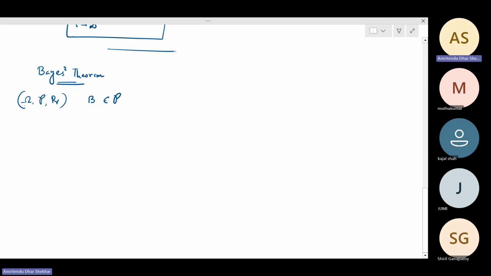I define a new collection of events, which I call P_B, with a subscript of B. This collection is A intersection B for A in F. So all the events that are there in my probability space, I intersect them with B, and I define this new collection called P_B.